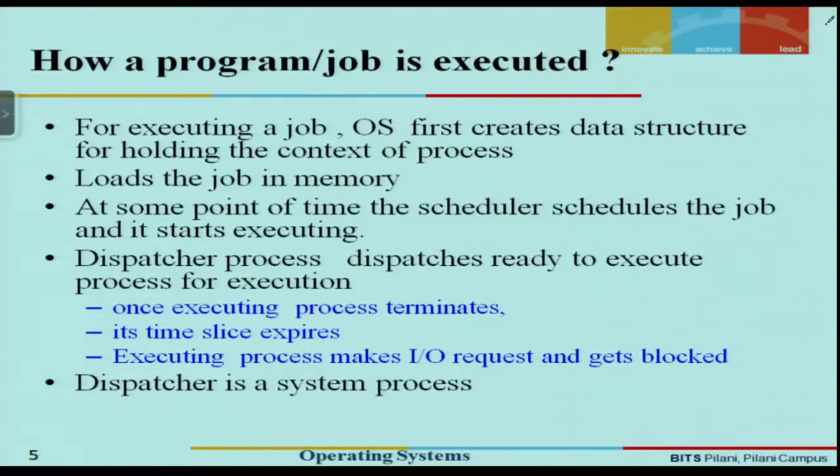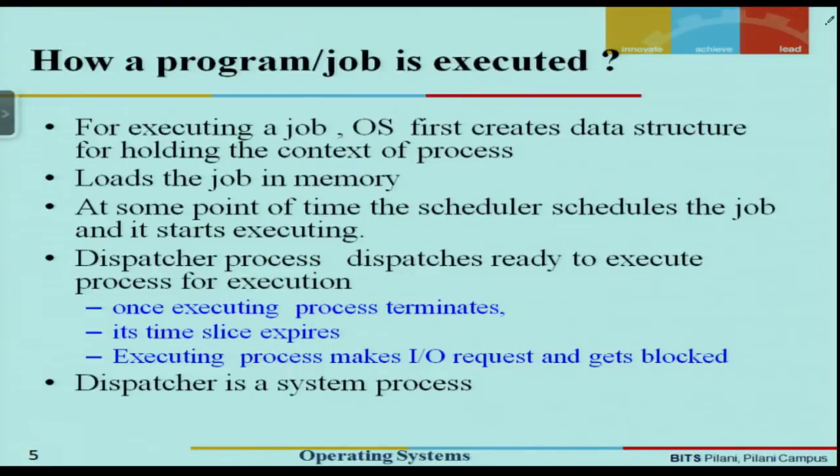Once this job is over, then as and when memory becomes available, the job can be loaded into the memory. Now we can assume that there can be many jobs loaded into the memory.